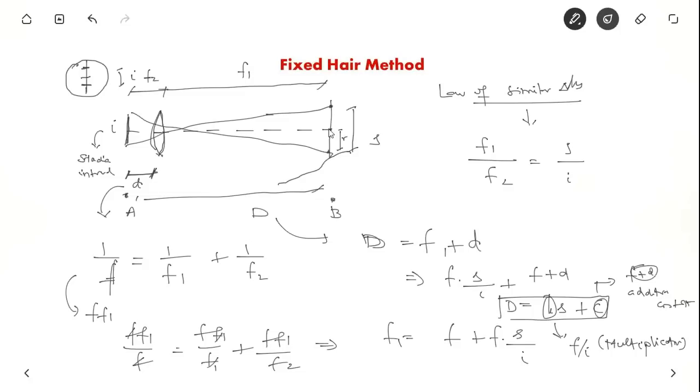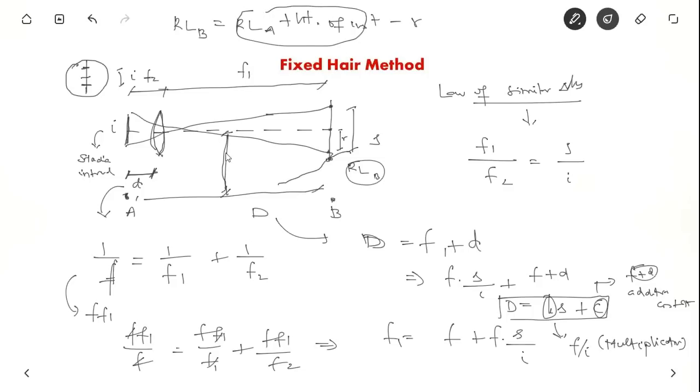Now if you want to know the height of this point B, the reduced level of B, we have the formula: reduced level of B equal to reduced level of A plus height of instrument minus R. If you see here, this height is the reduced level of A plus height of instrument, which is nothing but the reduced level of the line of collimation, the line of sight, how much it is from the ground.